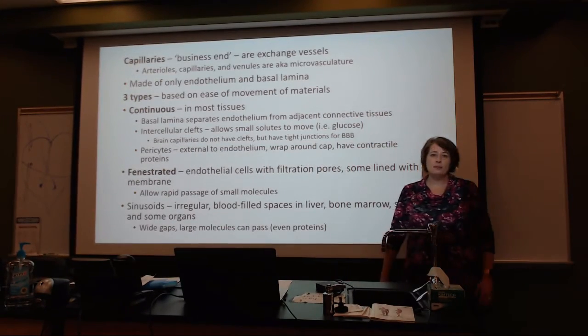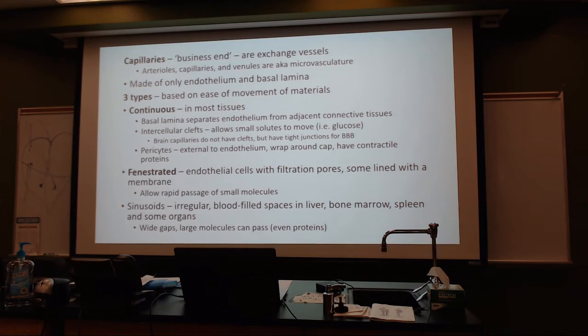When I get to the capillaries, because that's where the arteries are headed, arteries are on their way to the capillaries. Think back to that first picture on that title slide, okay? Capillaries are my business end.